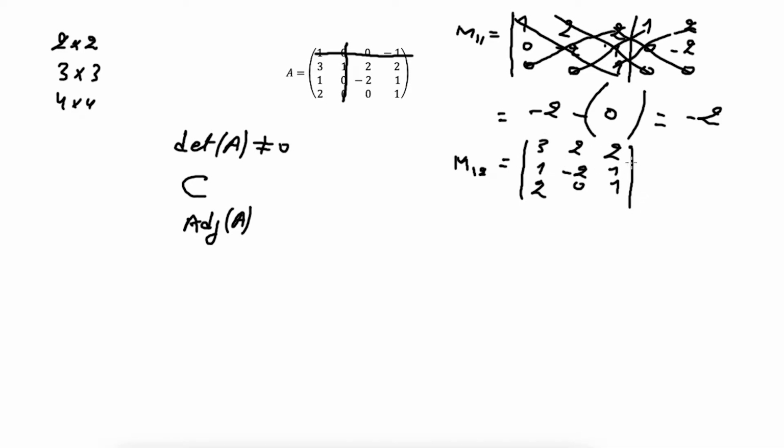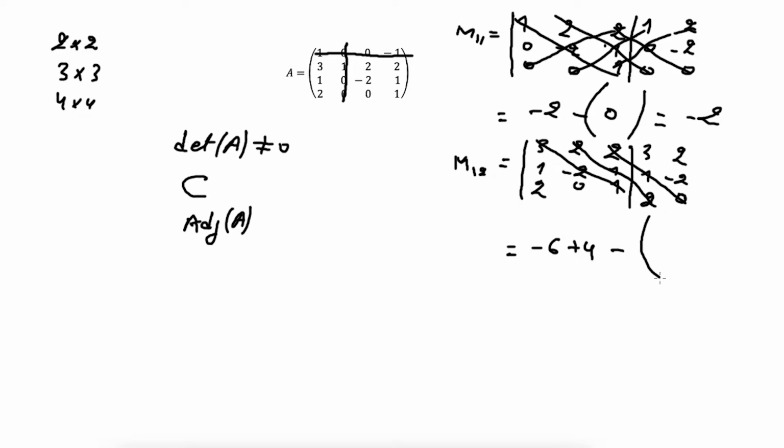We'll write these two columns here, 3 1 2, 2 minus 2 0, which equals the product of this element, 3 times minus 2 times 1, which is minus 6, plus 2 times 1 times 2, which is plus 4, plus 2 times 1, this is 0, so this will be 0.